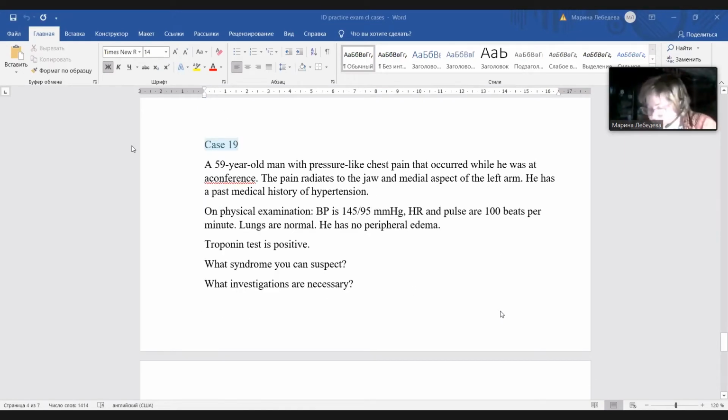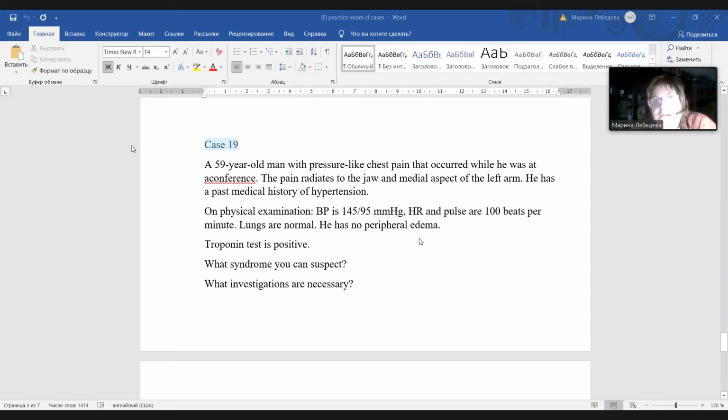Clinical case number 19. It is also acute myocardial infarction, hypertension.